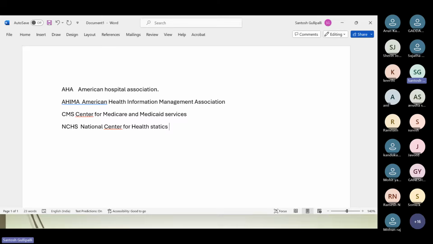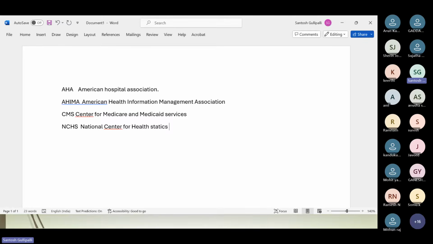These three are maintained by these four cooperative bodies, but ICD-10 PCS is maintained by 3M HIS. That is different, so I will tell you in detail when we start ICD-10 PCS coding.